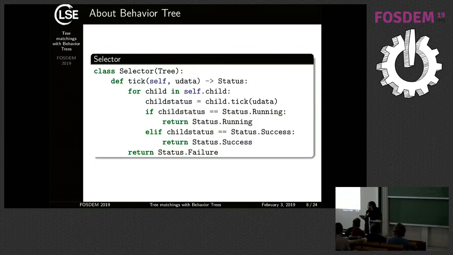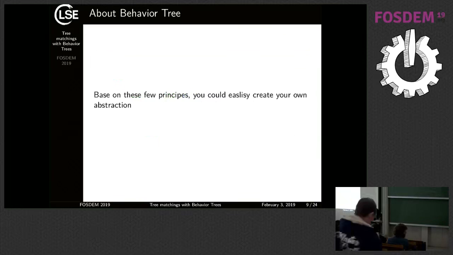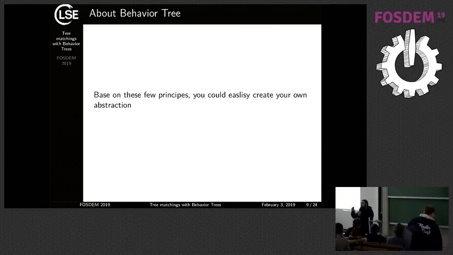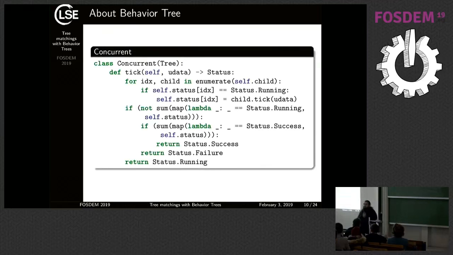Okay. With all that, we have just 3 basic blocks, but we could imagine other blocks. If I understand the concept that any part of my behavior tree can say fail, success, or running, I could create, for example, a concurrent block that will test each child concurrently.